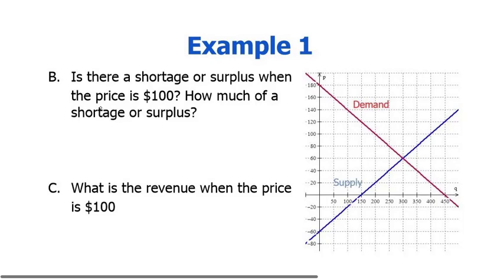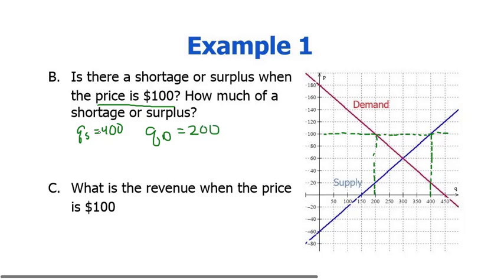This time our price is $100, and if we once again look at our quantities for that price, our quantity supplied here is 400, and our quantity demanded is 200.